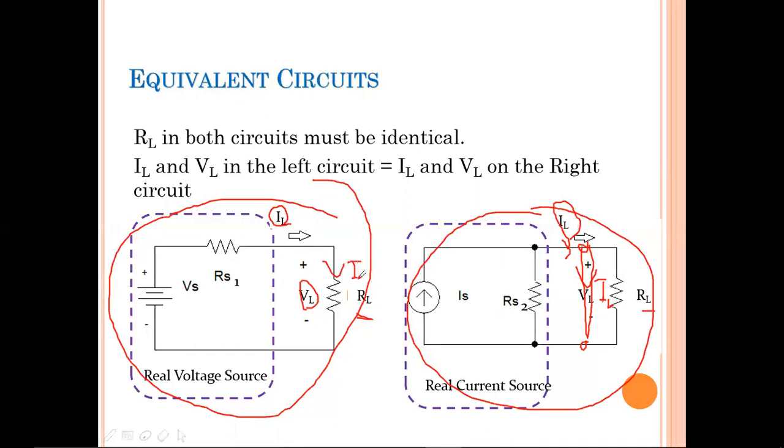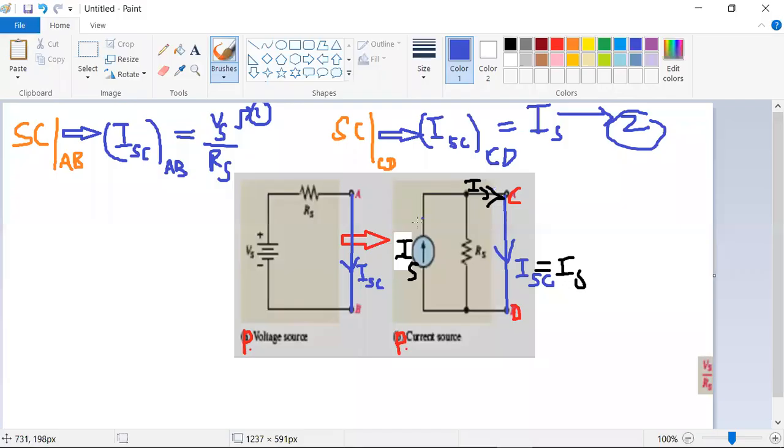It means the condition of IL and VL in the left circuit is equal to that of the right circuit. Hence I can use that condition here. I am going to equate 1 and 2. Then only it is named an equivalent circuit. Hope you are clear. So for equivalence, equation 2 must be equal to equation 1.